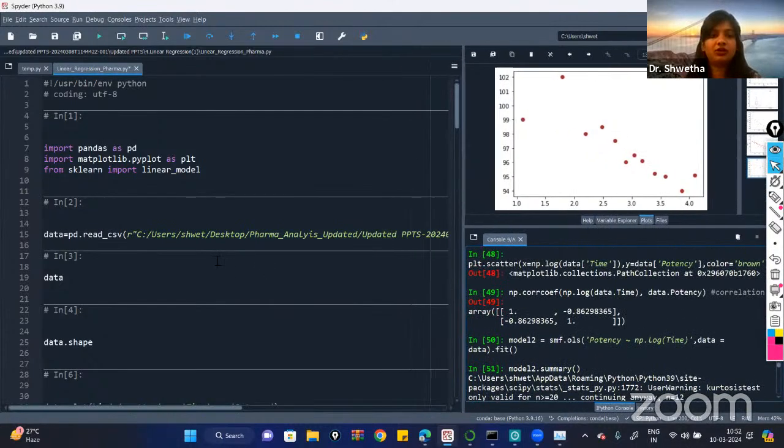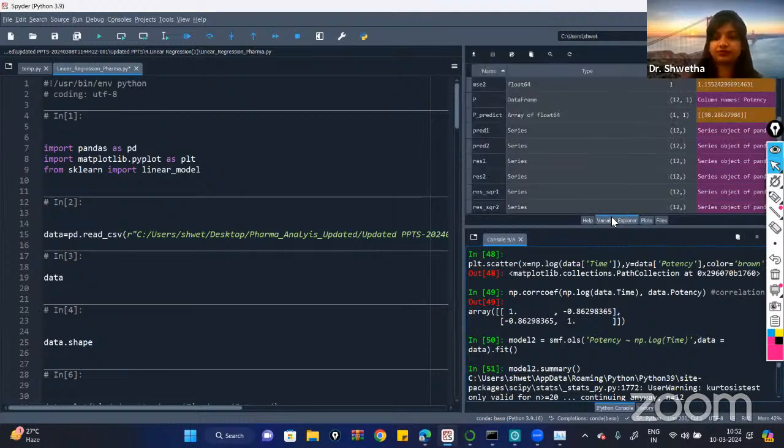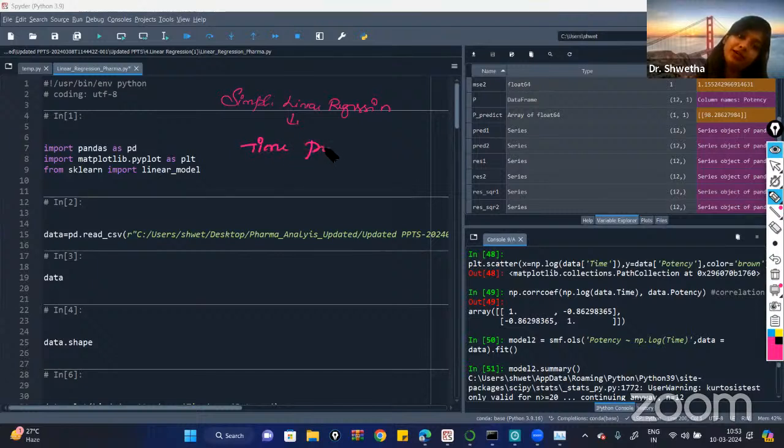To sum up whatever we have studied, we are building a simple linear regression model. Okay. This model we are trying to build for time and potency. The time is in terms of months.